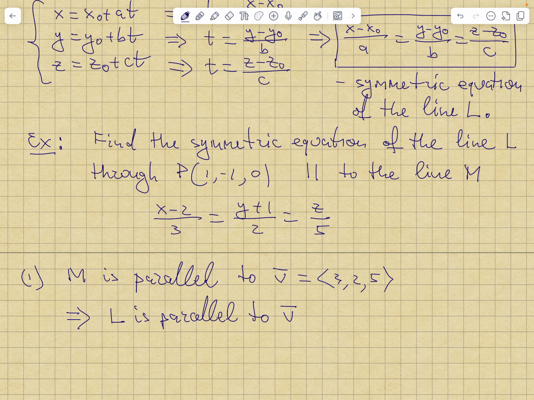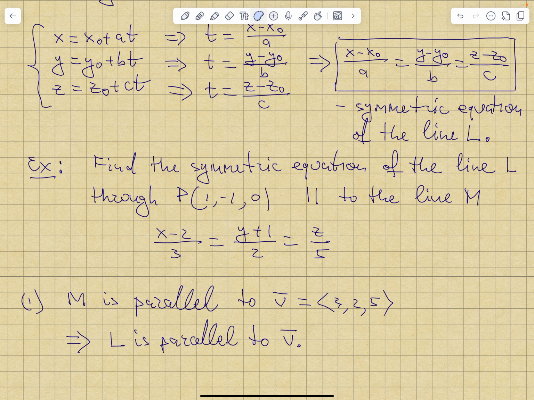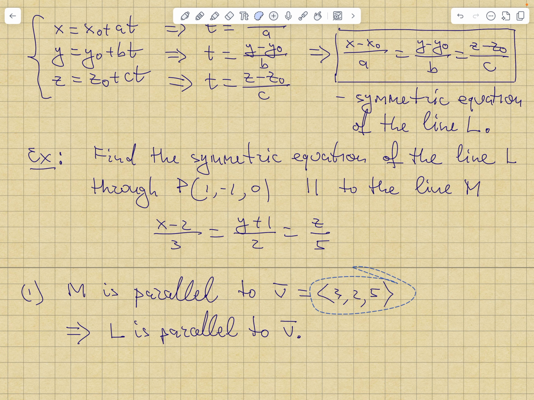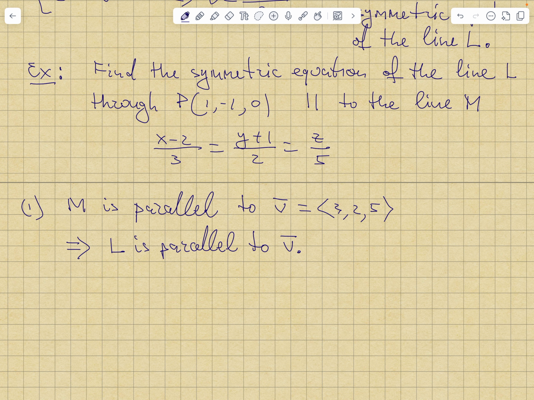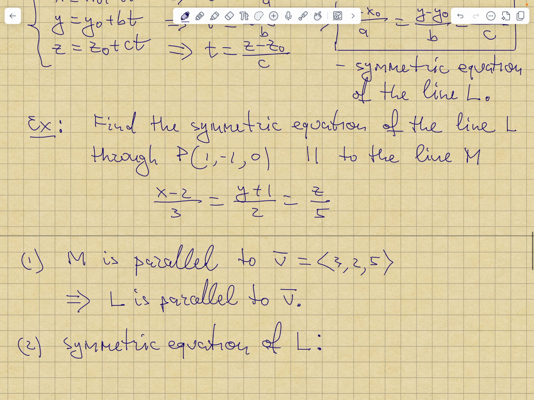Again, I examine the symmetric equation of a line, the way it looks. It has coordinates minus coordinates of my point, components of a vector in its denominator. So in this case, I have v equal to 3, 2, 5. Point is 1, -1, 0. So the symmetric equation of my line is going to be x minus x0. x0 is 1.